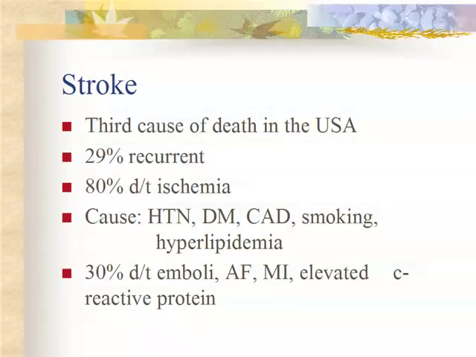But every 3 to 4 minutes, someone dies from a stroke. And by the time you're 85, that risk for stroke doubles. It costs $41 billion a year to treat somebody who has a stroke.